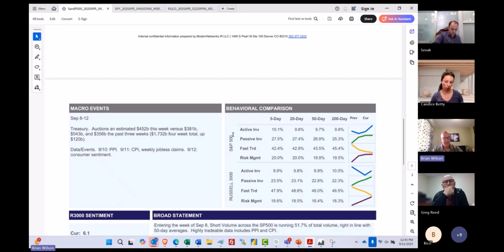We kind of knew that inherently, but we see it playing out in the data as well. So the trends continue to be very strong from a broad market perspective, and this is investor driven right now, both for the S&P 500 and for the Russell 3000, more so on the S&P 500 side.